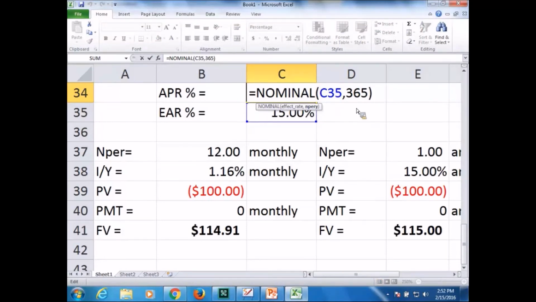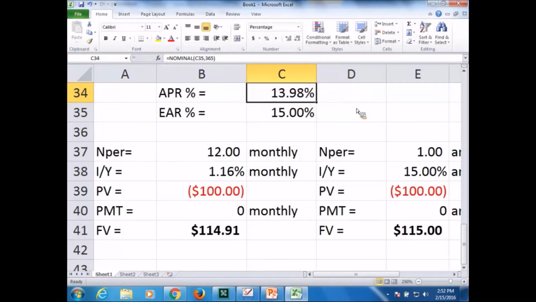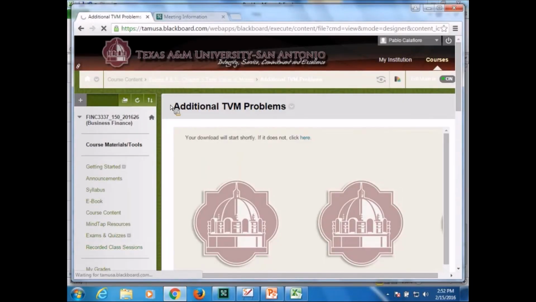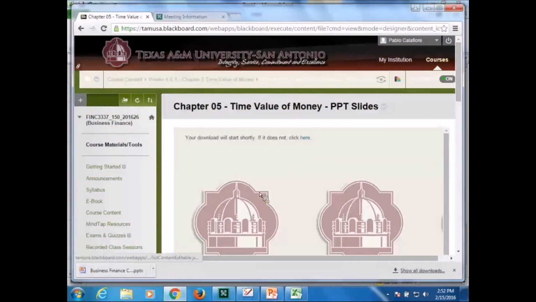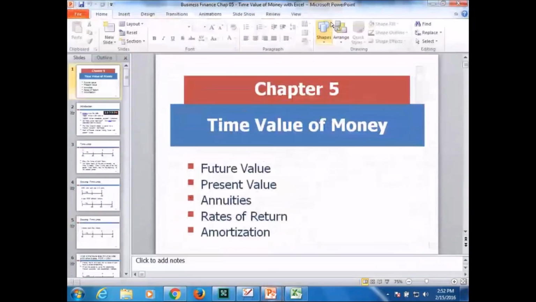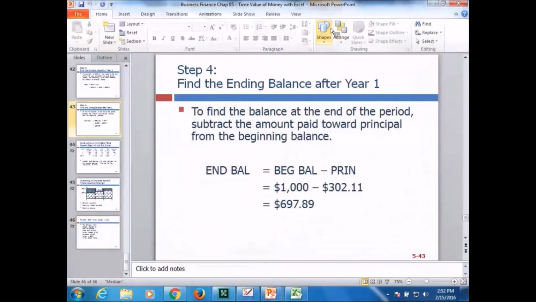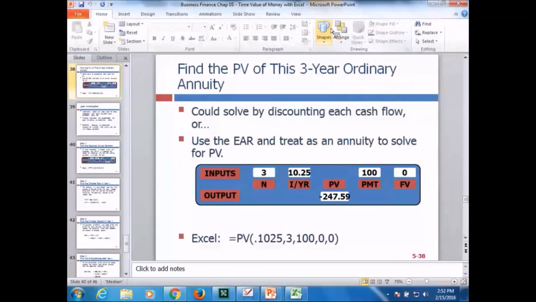Yeah, it can be confusing. I have a slide on that, let me see if I find it. There's a slide on the number of compounding periods per year. Let me show you real quick. It's towards the end.